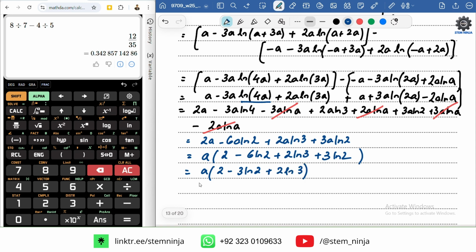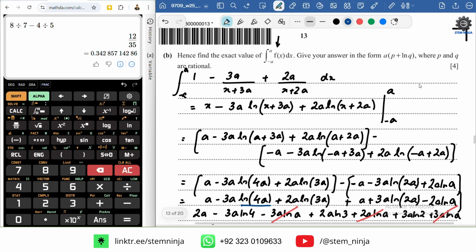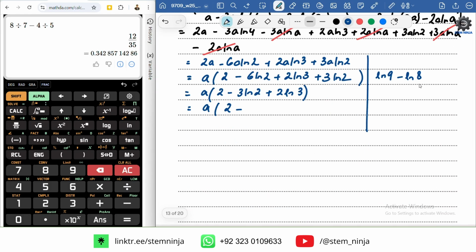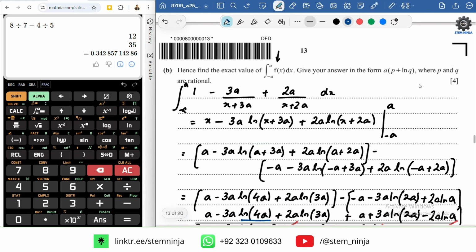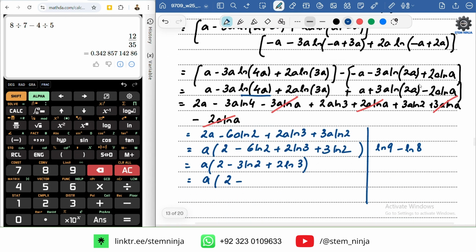Now we just need to combine them, right? So 2 ln 3 is ln of 9, and 2 cubed is 8. So this one would be 2 minus, wait, P and Q are rational.